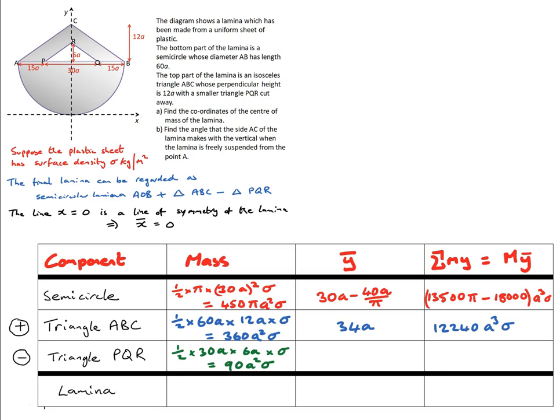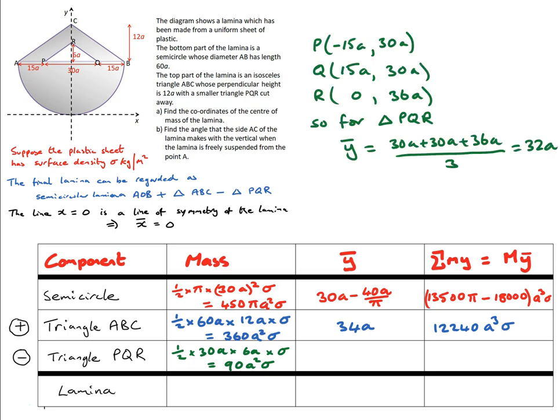So its mass will be 90a² times sigma. The corner points of our triangle PQR: P is (-15a, 30a), Q is (15a, 30a), R is (0, 36a). So the y-coordinate of the centre of mass of triangle PQR will be (30a + 30a + 36a) all divided by 3, so that gives me 32a.